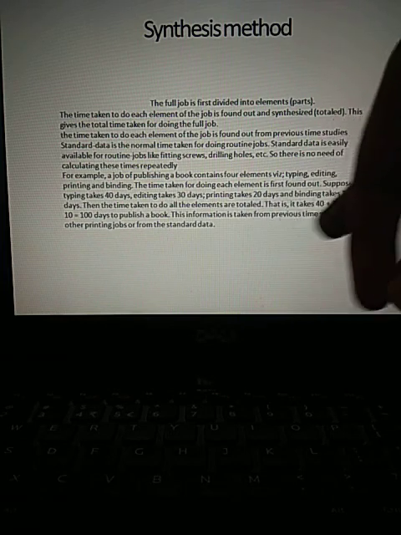Generally 4 activities would be there: typing, editing, printing and binding. Overall, whatever time duration you get, say 100 days to publish a book, this method is called the synthesis method.